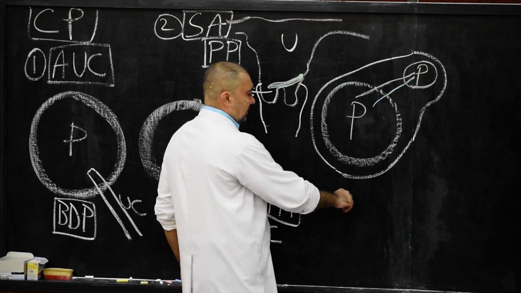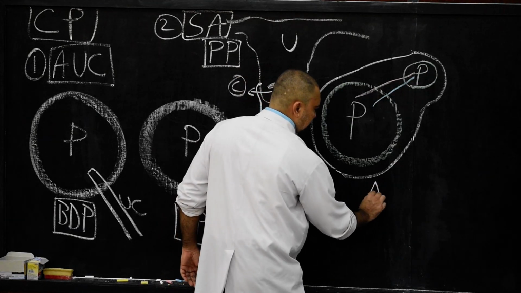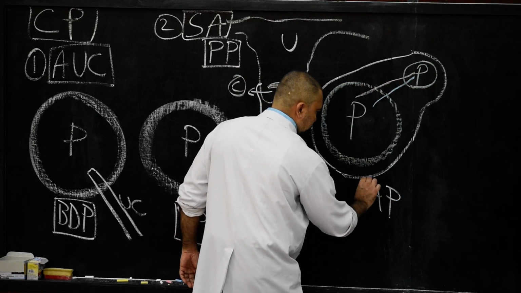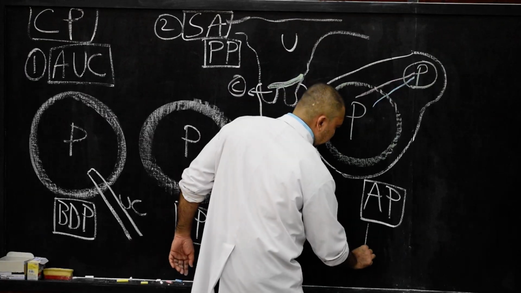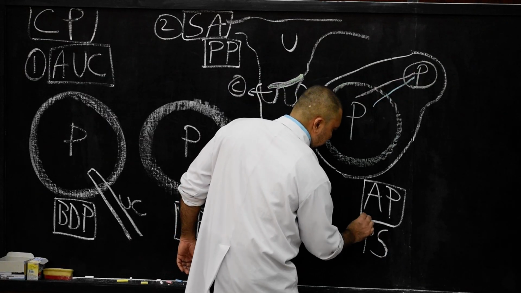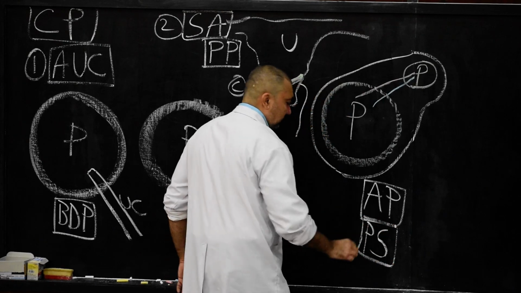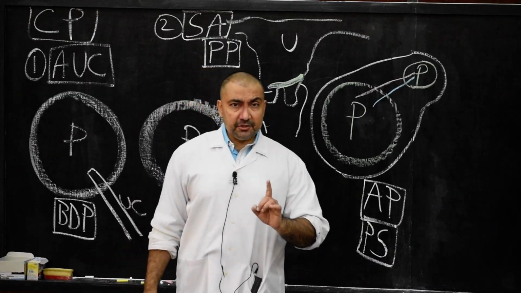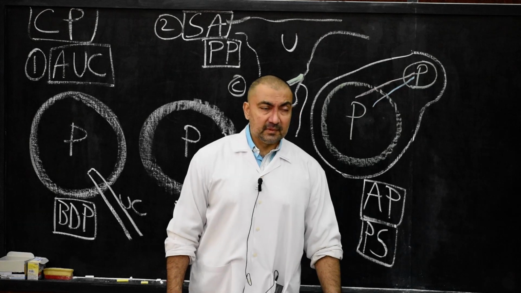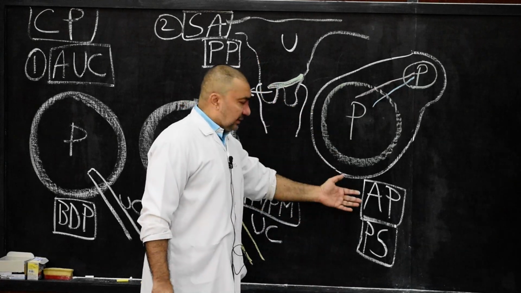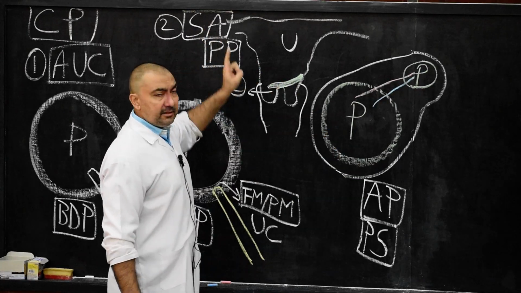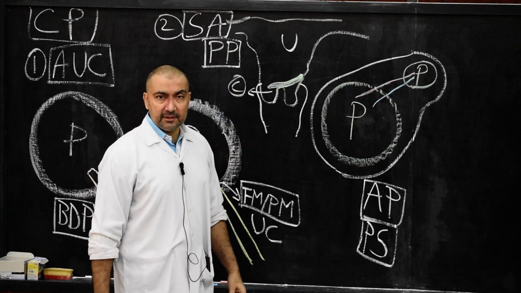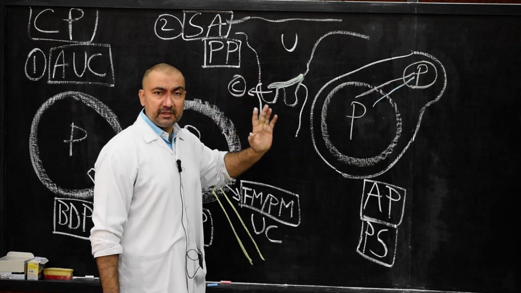Such types of placenta are known as accessory placenta, or another terminology which has been used, placenta succenturiata. These are the two types of placentas according to the site of attachment of placenta. We classify the placenta according to the site of attachment of placenta.